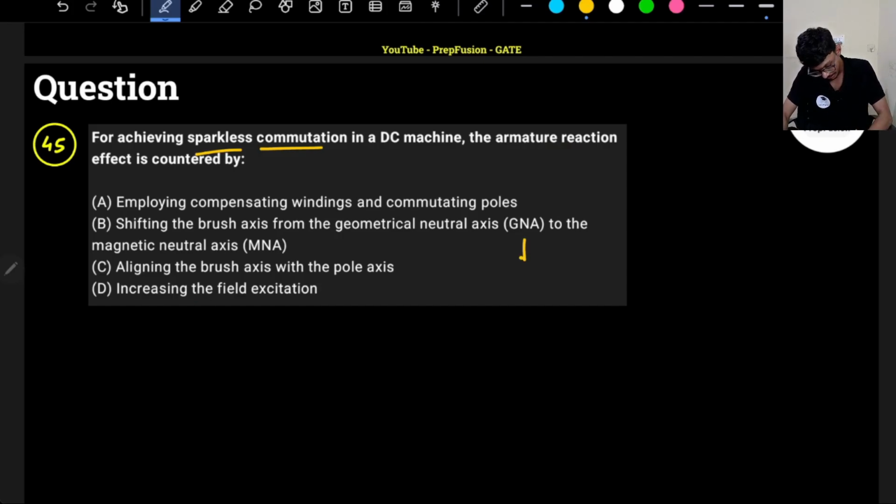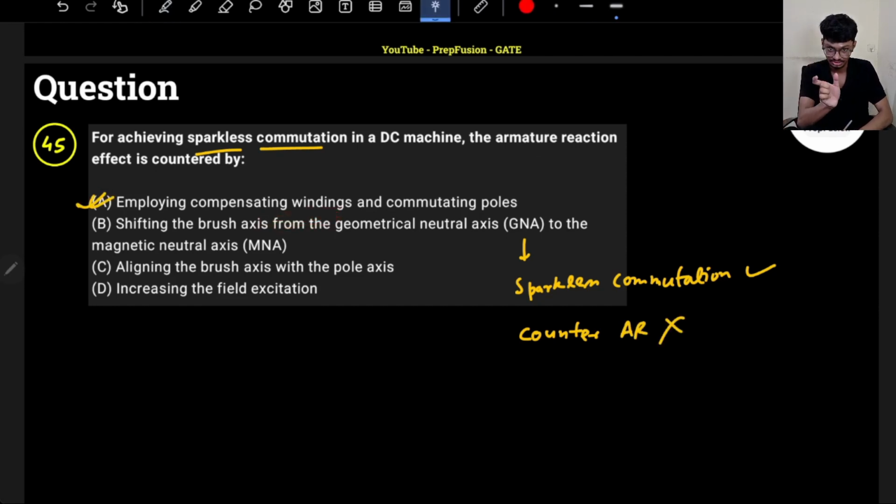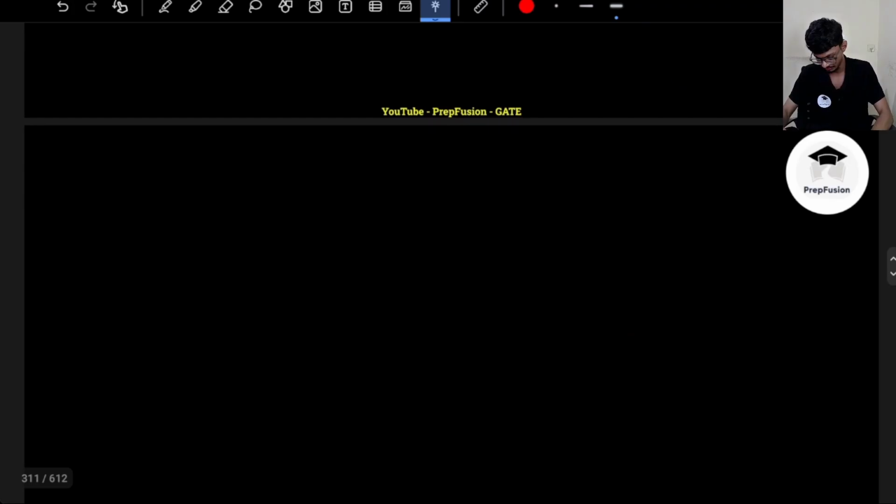The last method actually does counter armature reaction by placing compensating winding, which in turn helps in sparkless commutation. So option A will be the correct answer for this question.